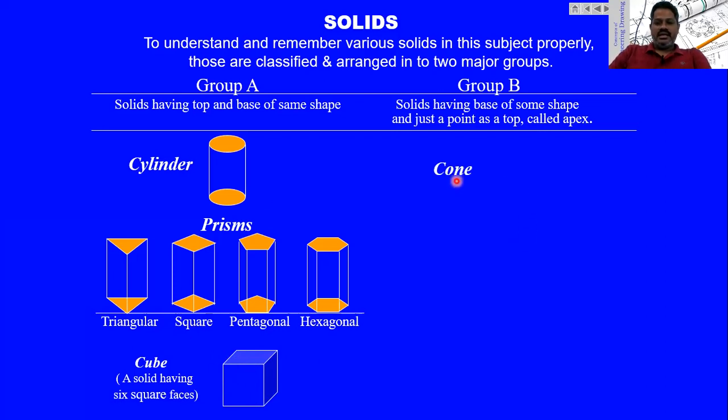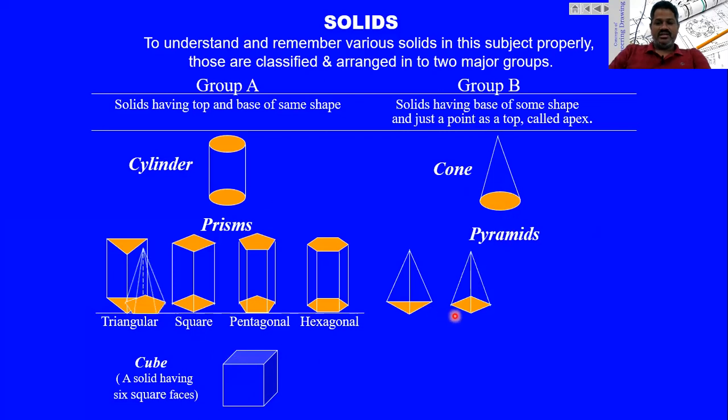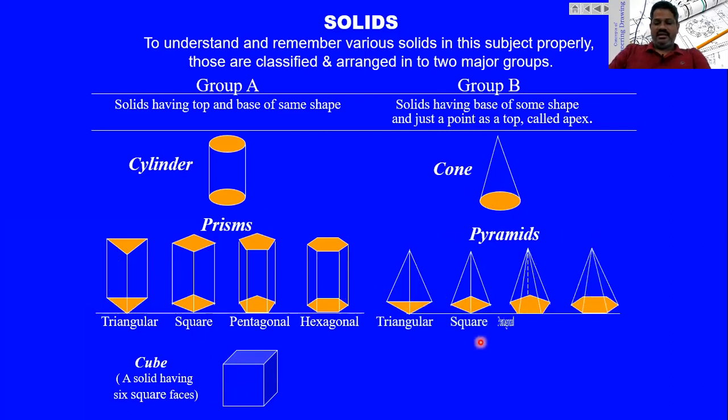Now let us see group B. As you can see, the cone has one apex, and the bottom is circular in its shape. Then consider the pyramids. You can see here the triangular pyramid, square pyramid, pentagonal pyramid, hexagonal pyramid.